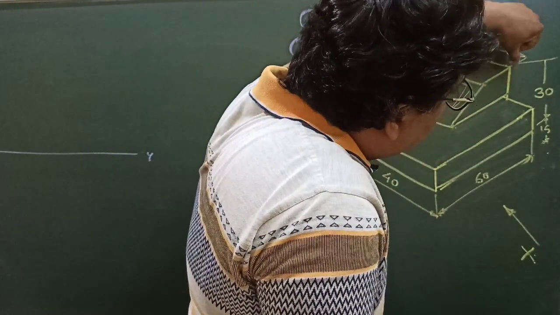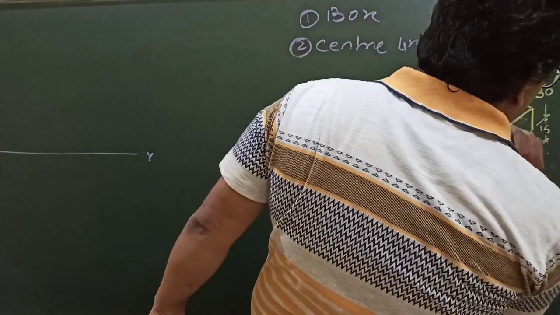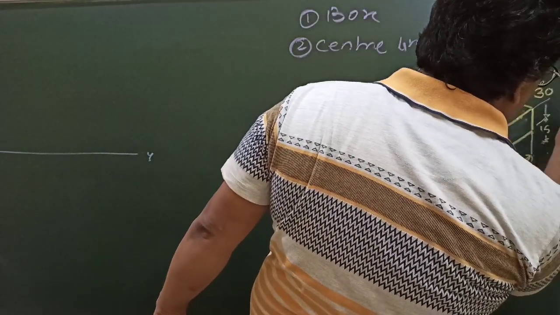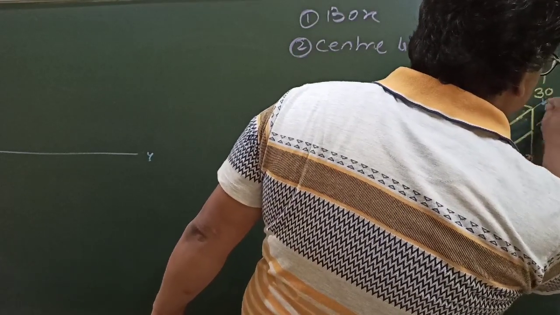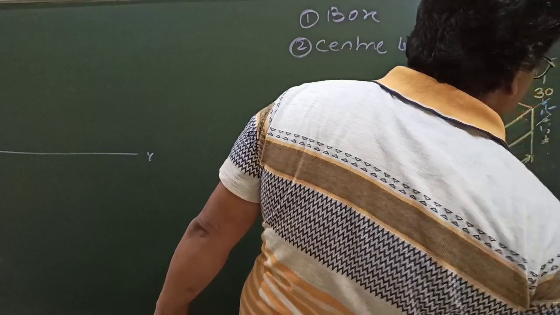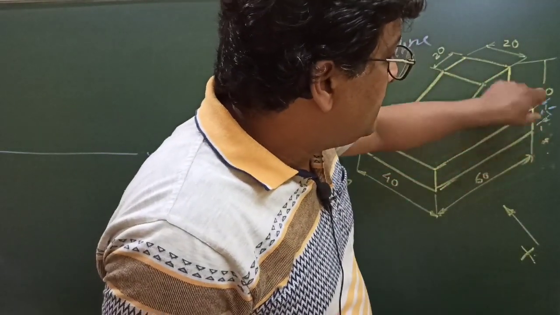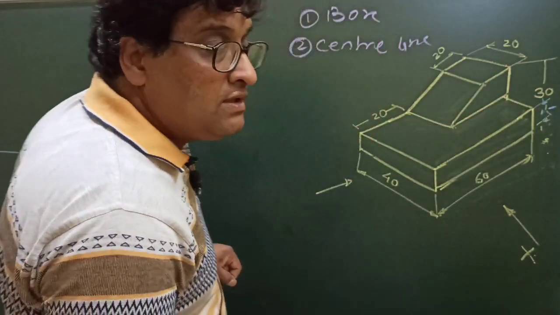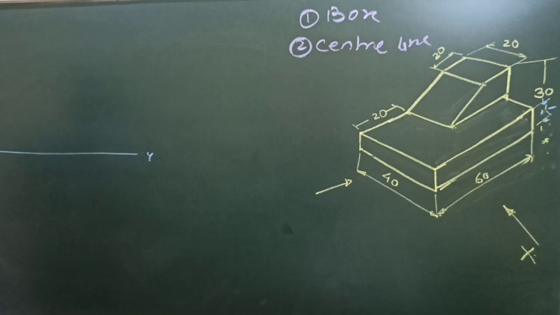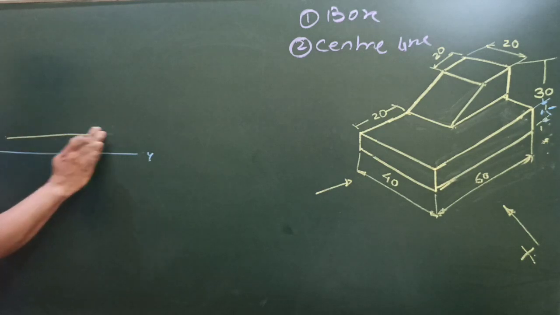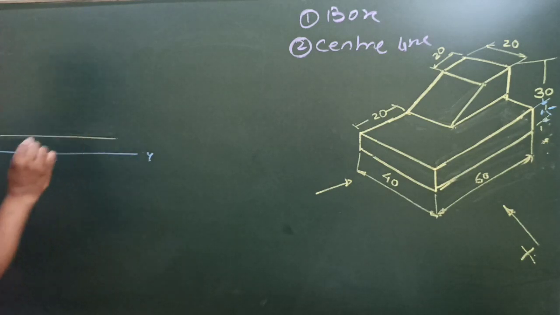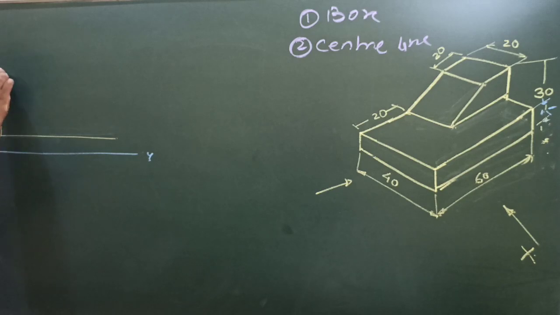You can see from here, this dimension is up to here, it is 30 mm. This is 30 here and this is 15 here, right? So it is 30 plus 15, that is 45. So you have to take a box equal to 60 mm by 45 mm. This is, say for example, 60 and 45.